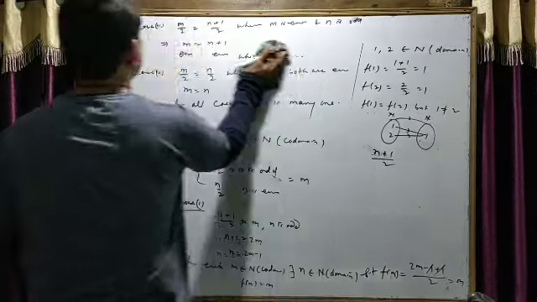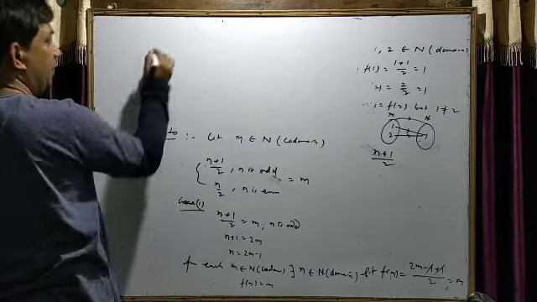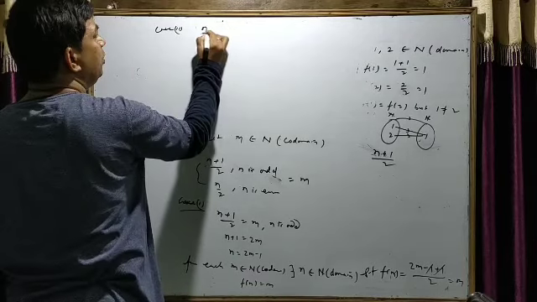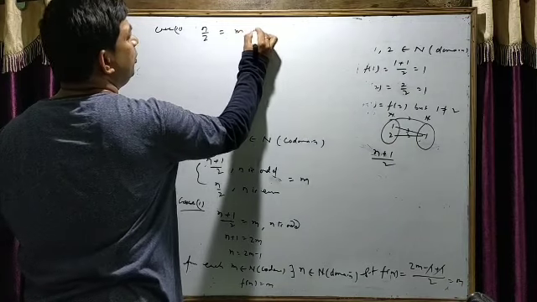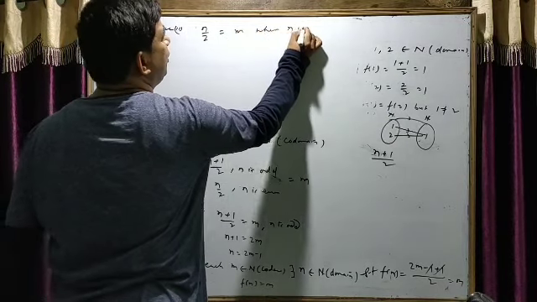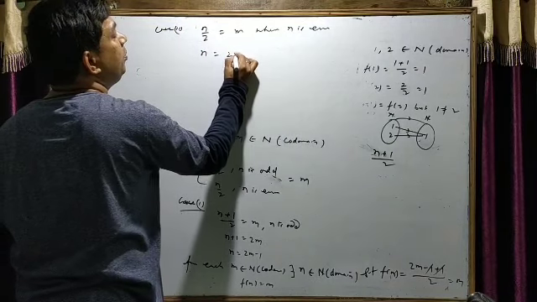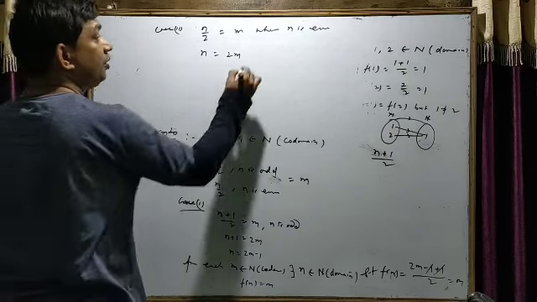Now check the second case. Case 2, n by 2 equal to m, where n is even. So what is n? 2m. I retain the value of n in terms of m.